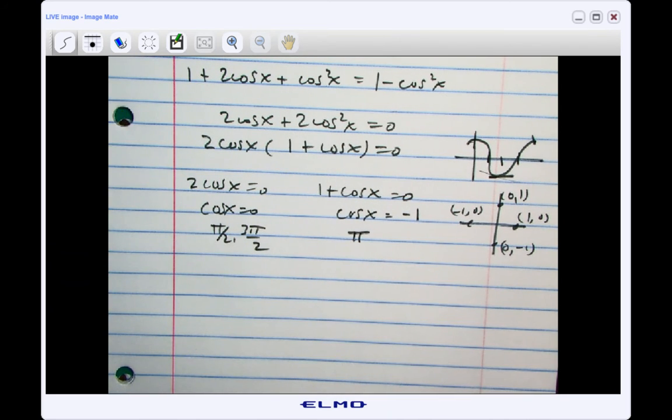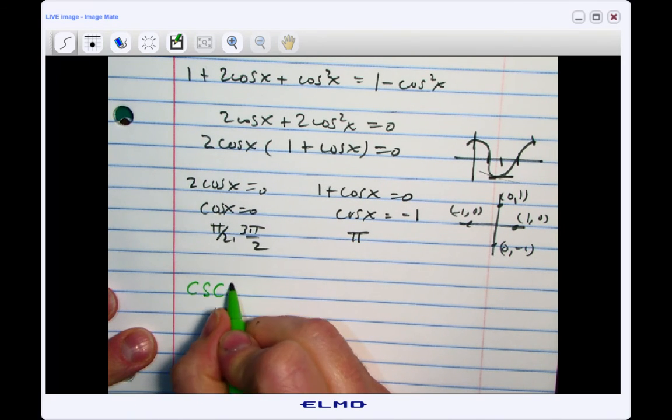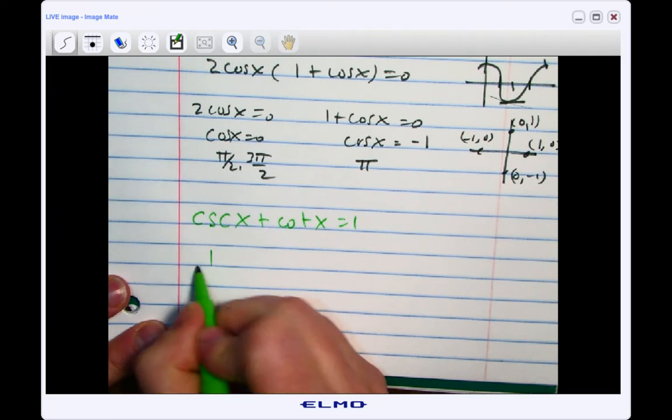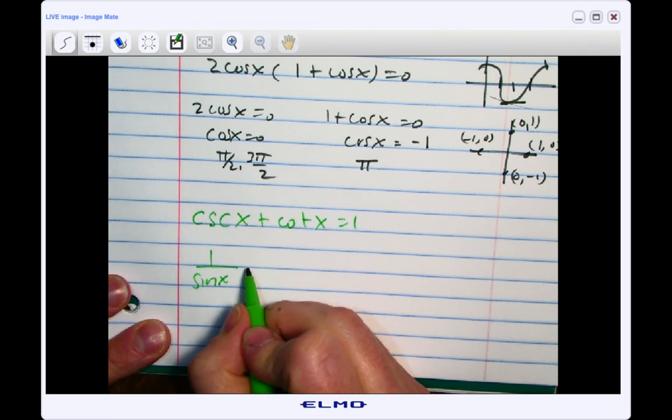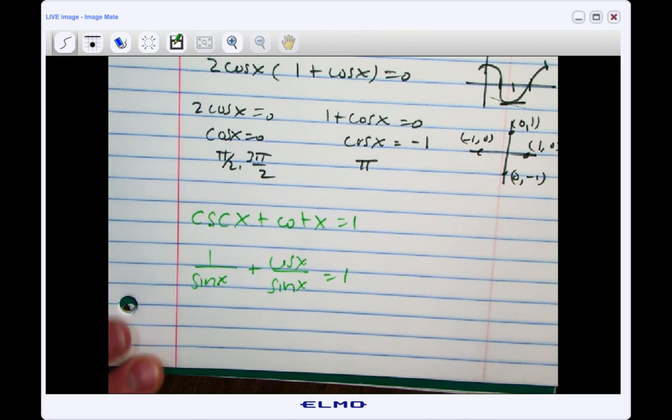The trouble is I do have to go back and make sure that those are not extraneous solutions. So I'm not going to circle them yet. I'm going to check them before I go ahead and make sure. And I'm actually going to look at them this way because sometimes this actually is a little bit easier to see if it's not going to work. And why do I have to check?